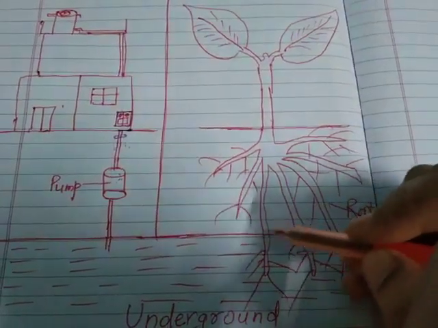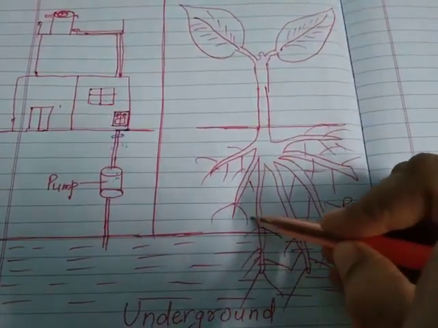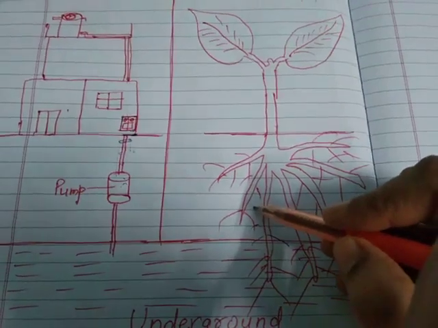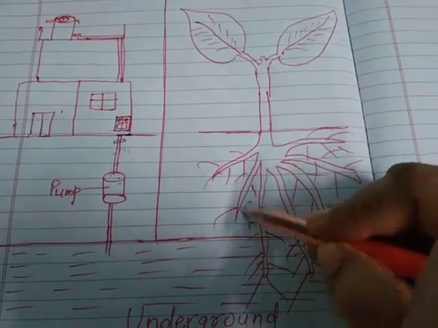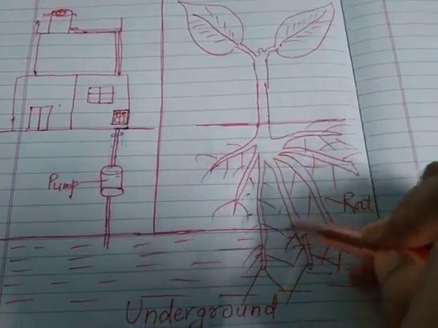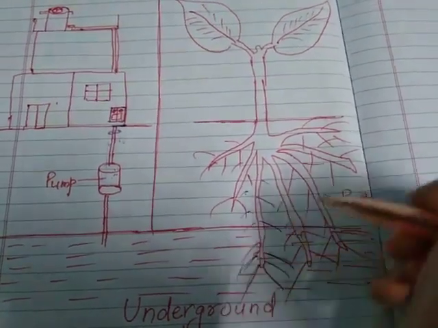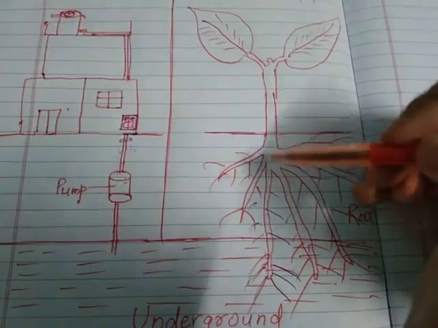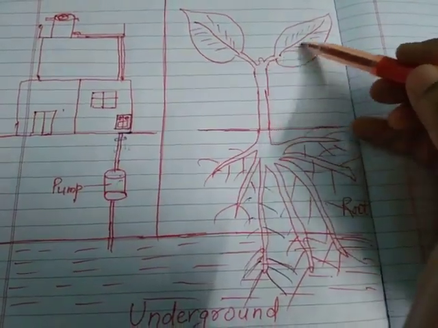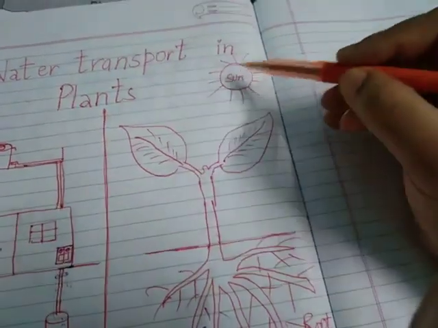These are root hairs, small root hairs, or you can say thin roots arising from the base of the roots. This is your stem, this is your leaf, and here I have made the sun.